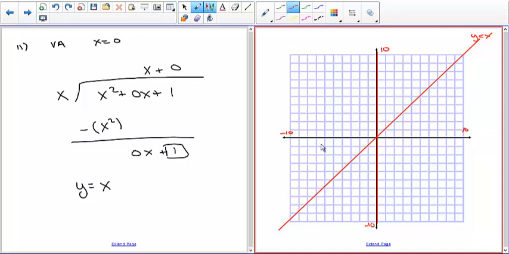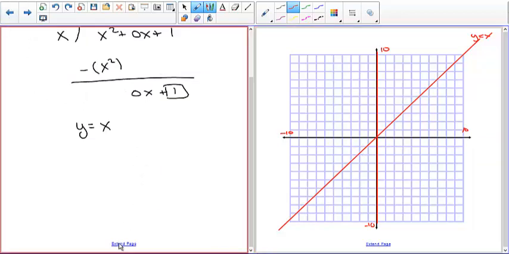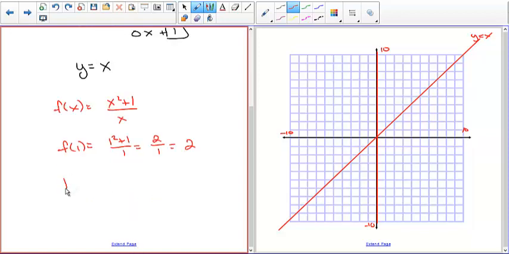I can just evaluate the function at positive 1 and negative 1. So let's do that over here. So the function was equal to x squared plus 1 over x. So f of 1 is 1 squared plus 1 over 1, which is 2 over 1, which is 2. And we could do f of negative 1, which would be negative 1 squared plus 1 over negative 1. So the numerator is still 2.